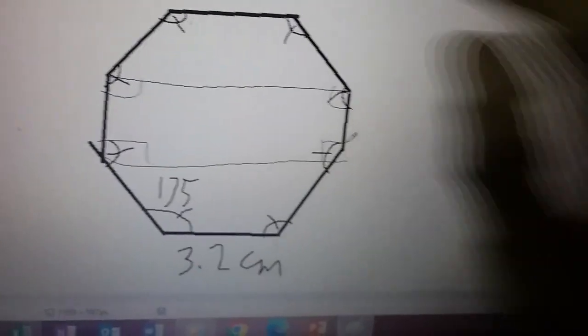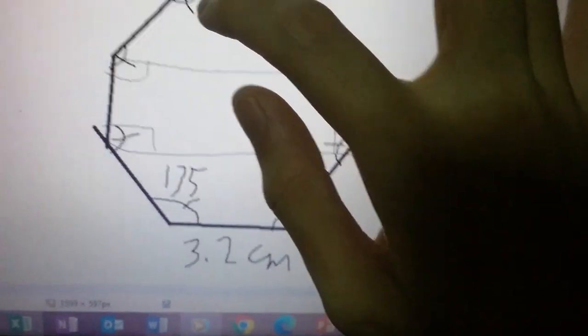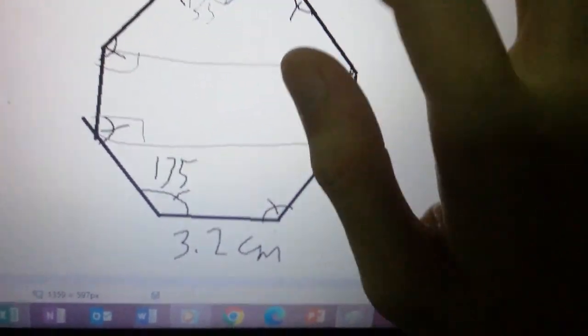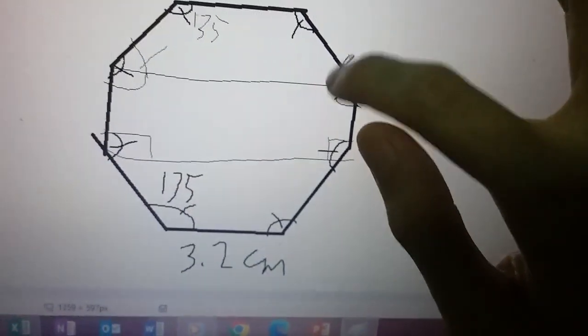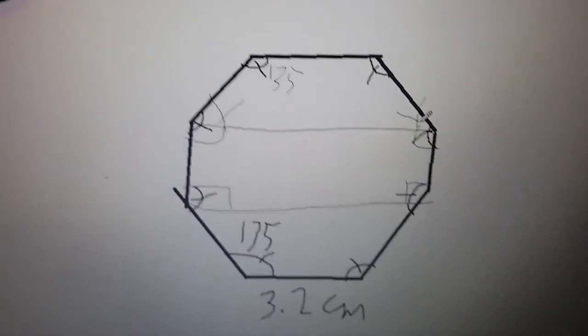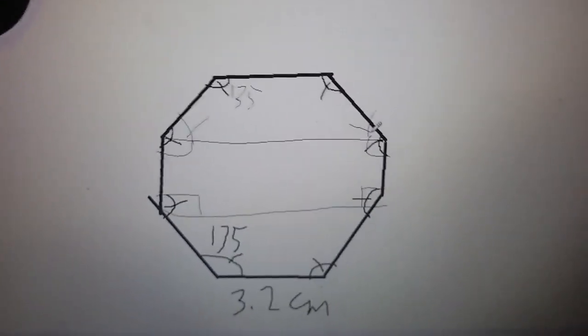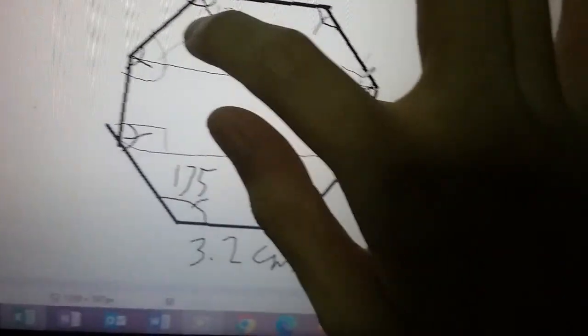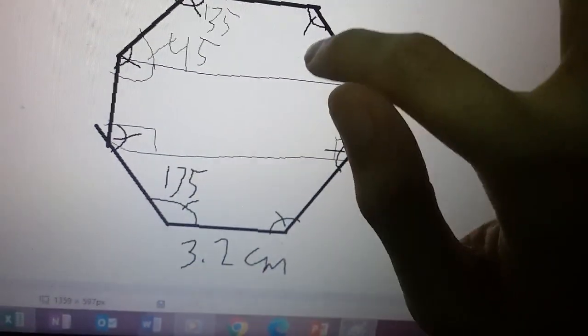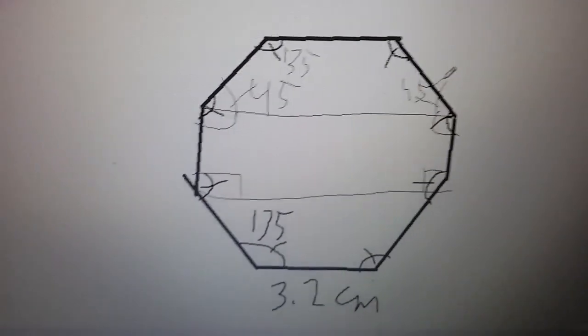So therefore, this trapezoid has 135, and 135 again. So how do we solve for the remaining 2 angles which you see here? That is 135 plus 135 is 270, and then 360 minus 270 is 90, divide both sides by 2, edi 45. So yun yung sagot, alright?